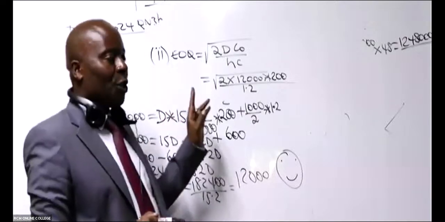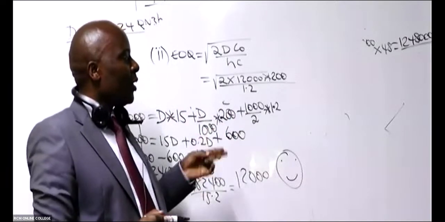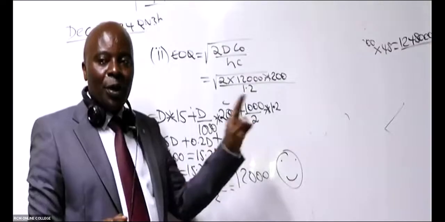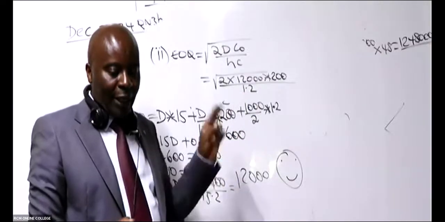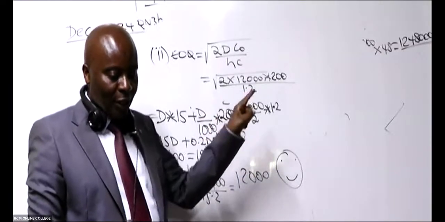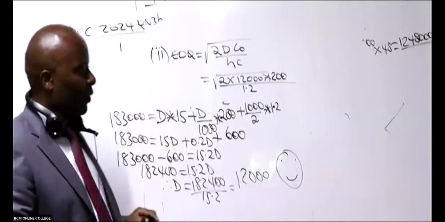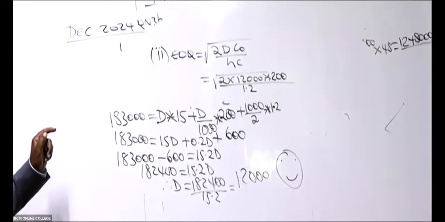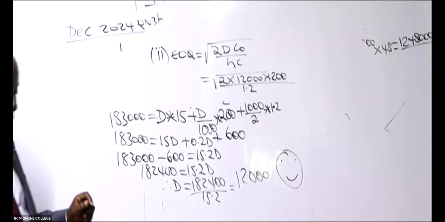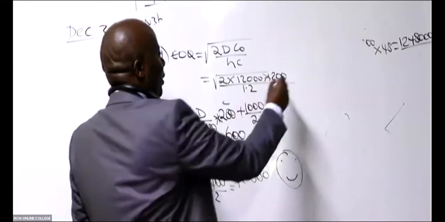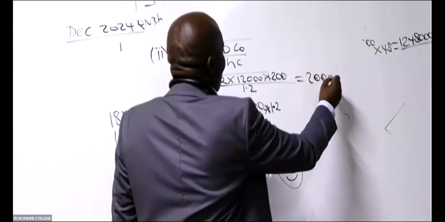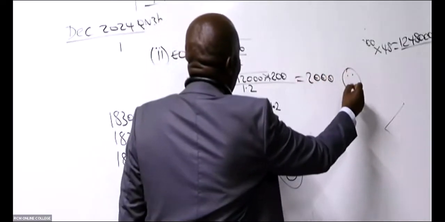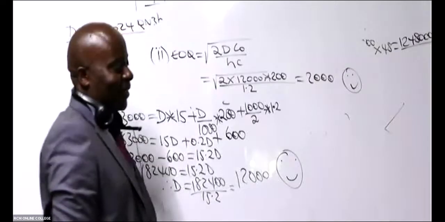We shall say 2 times 12,000 times 200. Whatever we get, we divide by 1.2. And then at the end of the day, we take the square root. The result is 4 million, and the square root will end up giving us 2,000. Great. So far, we are all smiles. Thank you.